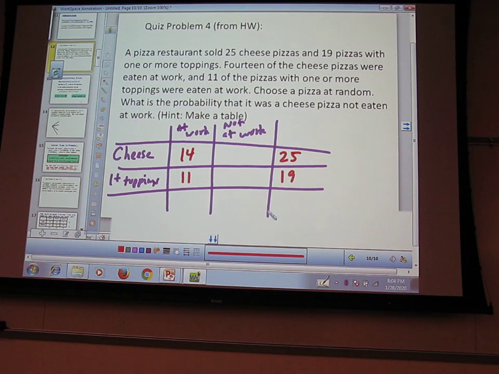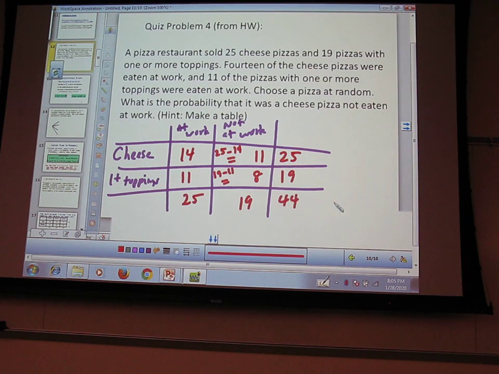Yes. If I have 25 total, 14 are at work, that means that the rest of them, 25 minus 14, 11, were not at work. And here, I have 19 one topping plus, and I had 11 at work. That means that the rest of them, 8 of them, were not at work. And I can just add to find these other numbers.